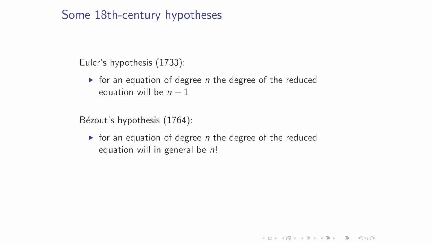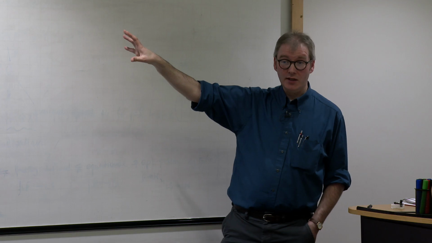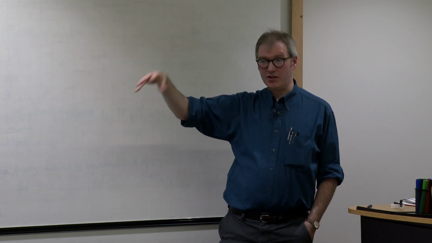However, he notes that you will often be able to reduce this in some way. So he thinks you'll usually be able to bring this down to n minus 1 factorial. He's thinking of tricks like the thing that we saw before with Descartes' equation that looked like a degree 6 equation, but was actually a cubic.